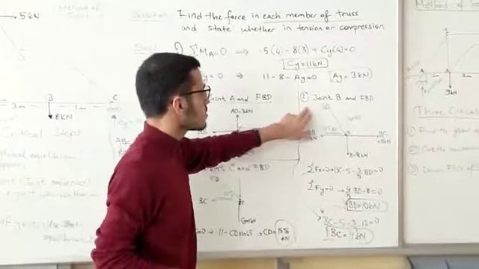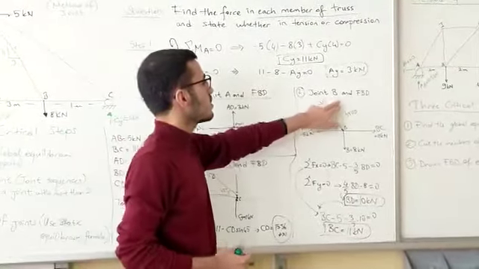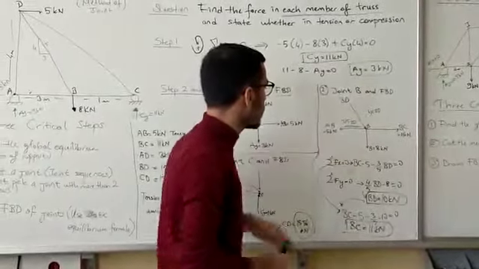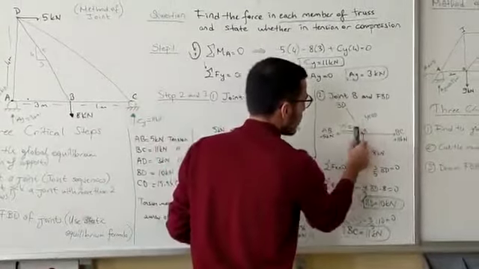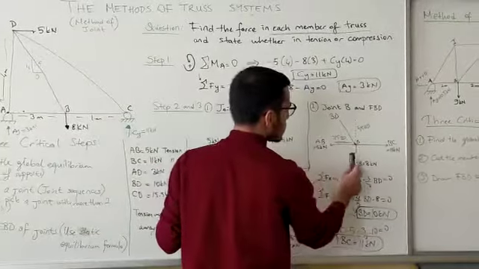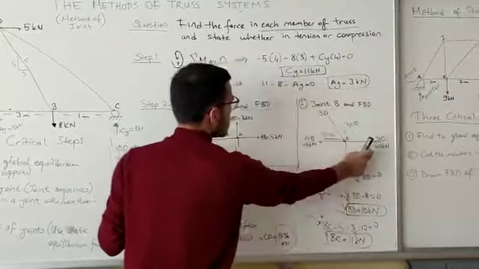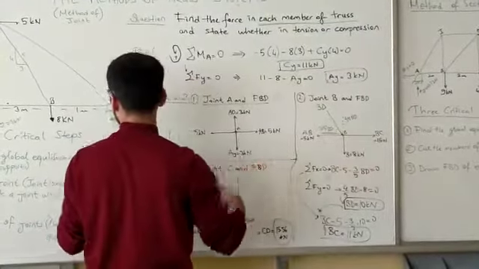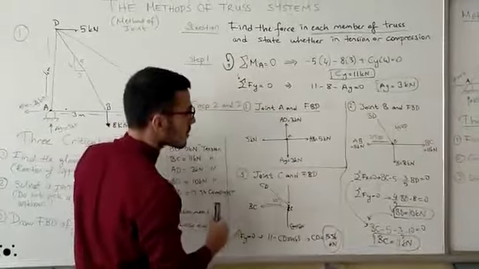Then I would like to move to joint B, and I'm drawing BD. At point B, we have to find BC and then BD. BC must be 11 kilonewton.